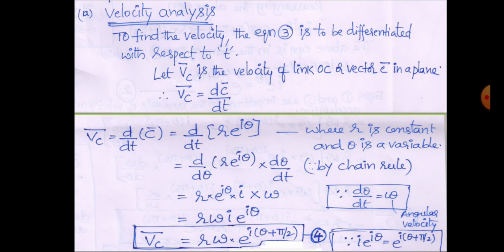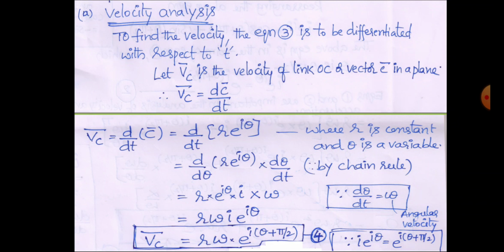By using the chain rule, I can write d by dt as d by d theta of r e power I theta into d theta by dt, because d theta gets cancelled and I remain with the same value.